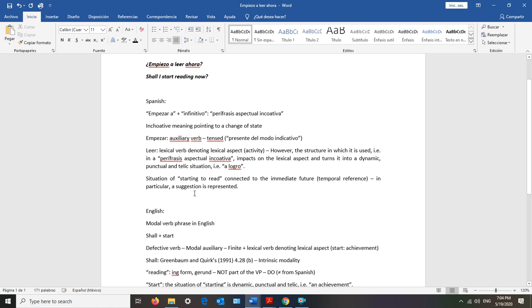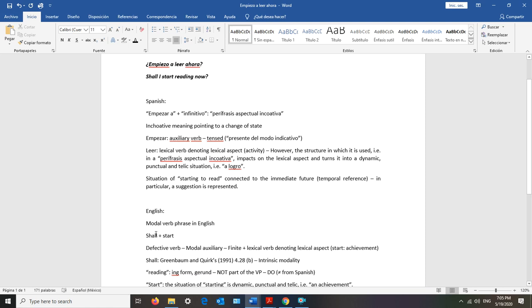So the suggestion is realized not only by means of the perífrasis as such, but also because of it being an interrogative sentence. In English, in contrast, we have a modal verb phrase.